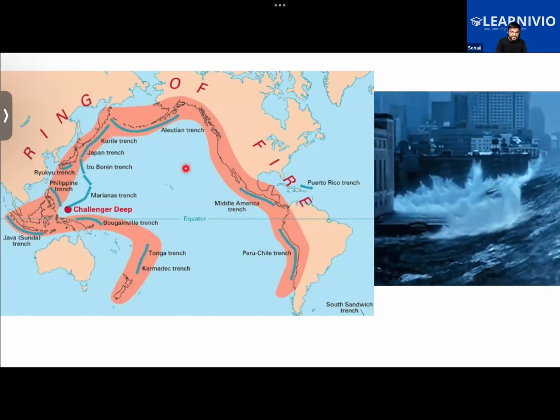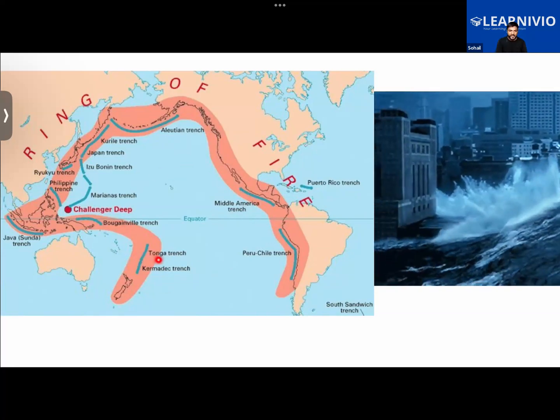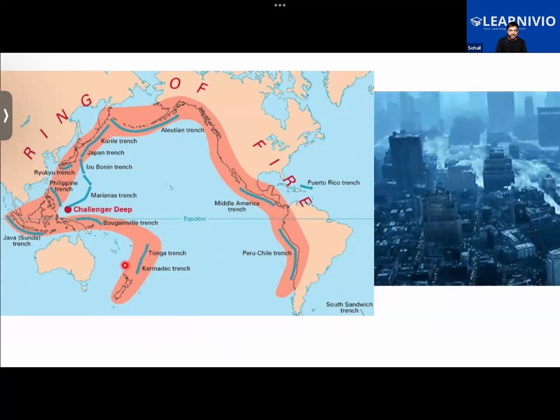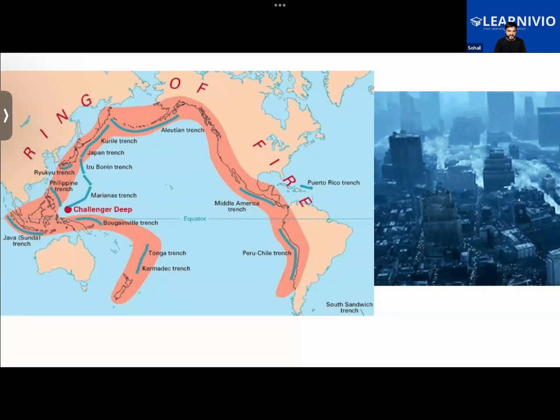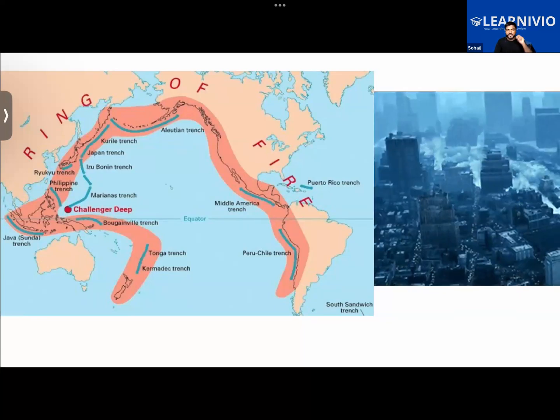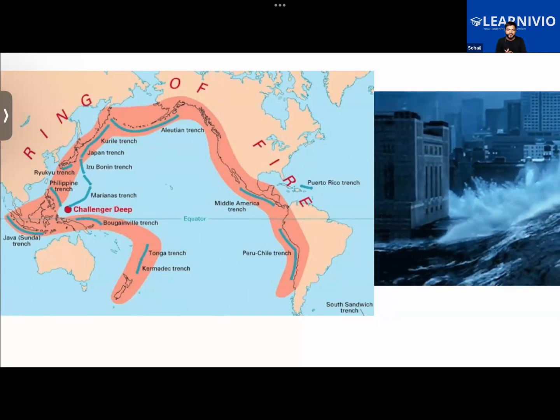So it surrounds the Pacific area, and tsunamis would also be common in these areas. It's a 40,000 kilometer belt of so many volcanoes, and earthquakes will also be common in these regions.